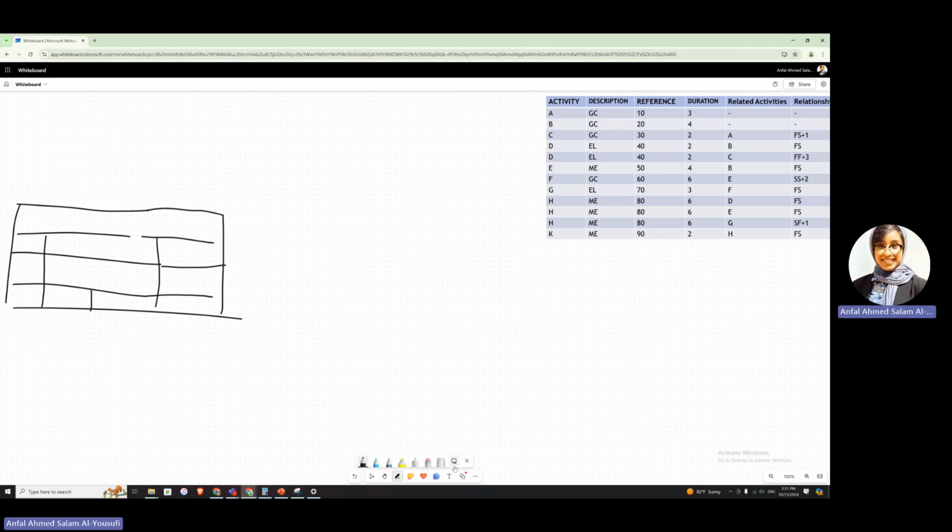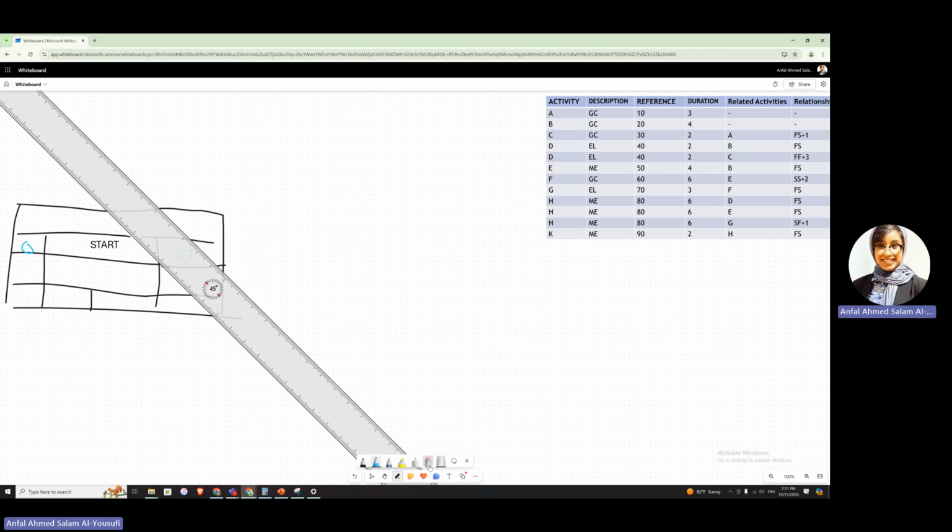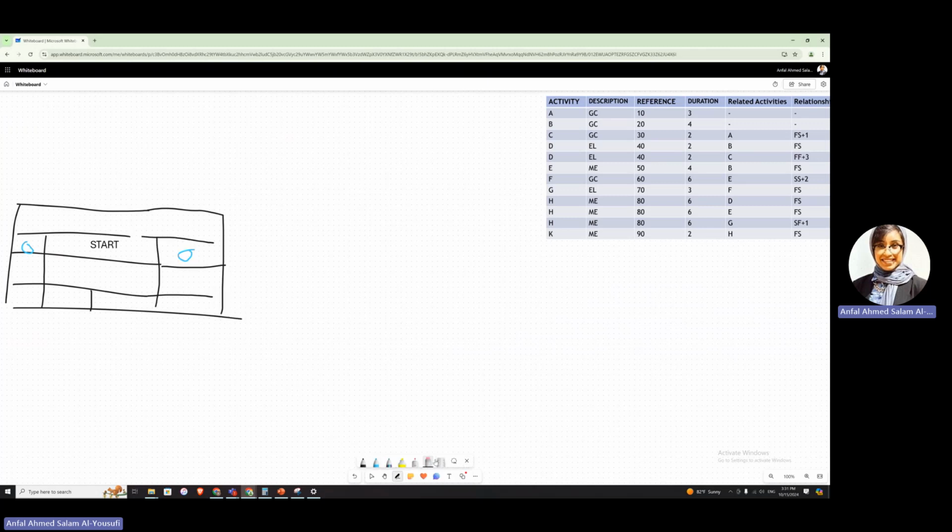Here we are going to write our start. The starting point always has the number 0. From start, we can go back to our table and see where we can go first.